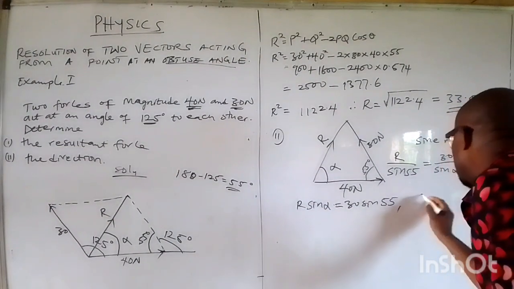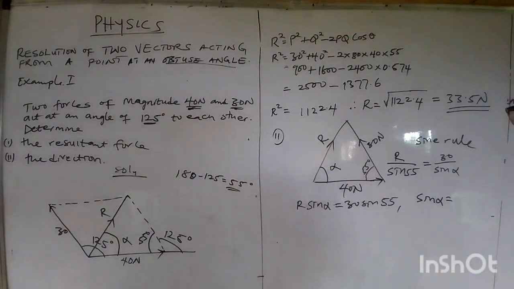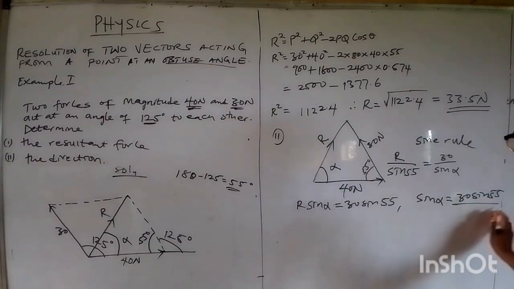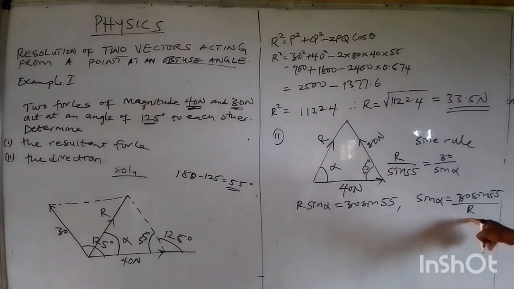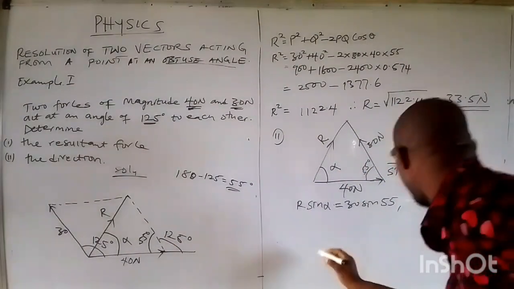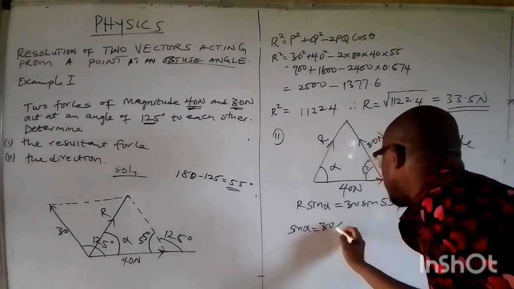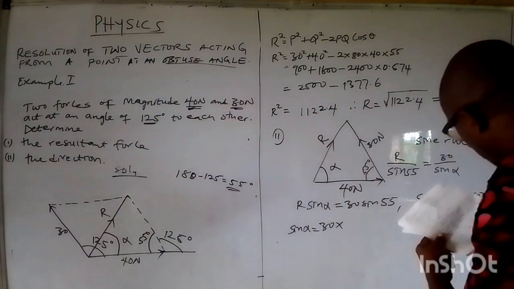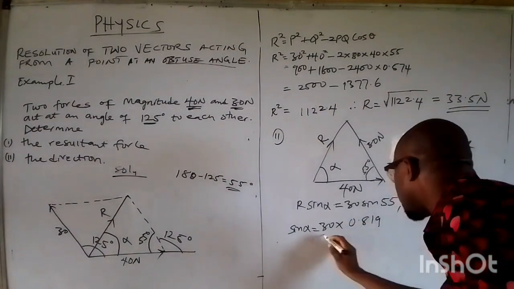We'll have that sine alpha is equal to 30 sine 55 all over R. And of course, our R is the resultant, which is 33.5. We now have that sine alpha is 30 times sine 55. And of course, sine 55, if you punch your calculator, is 0.819, all over R.